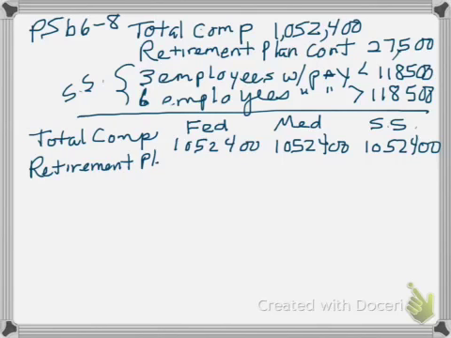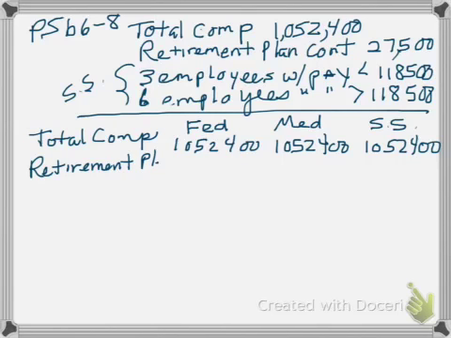Furthermore, there are 9 employees, 3 of them with pay underneath the FICA limit of $118,500, I should say the Social Security limit, and 6 employees that went over the Social Security limit.